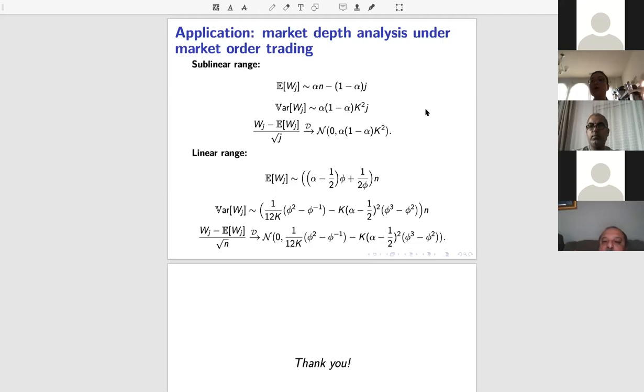So we are not sure if the direction of movement of the price will go up or down, which means if the variance of W_J is maximized, the variance of the stock price is also maximized.